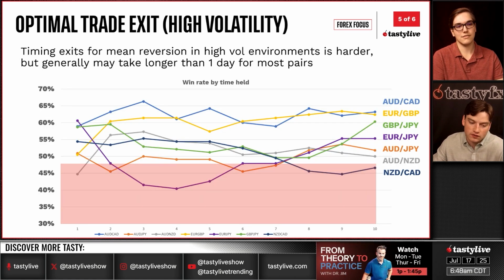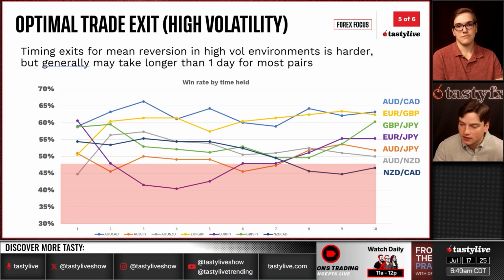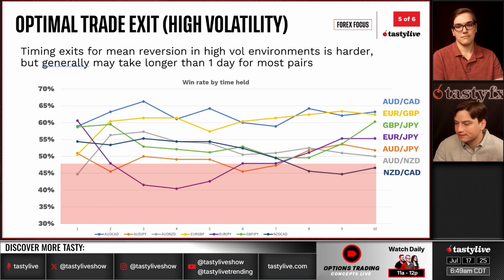And now looking over high volatility environments, so when volatility is in the upper 70 percentile, taking out that lower third just about, you're seeing a lot more consistency in the win rates across the pairs, but really just pair specific.